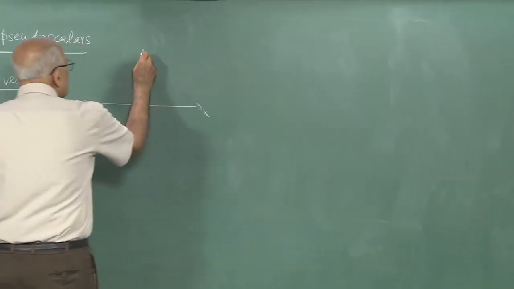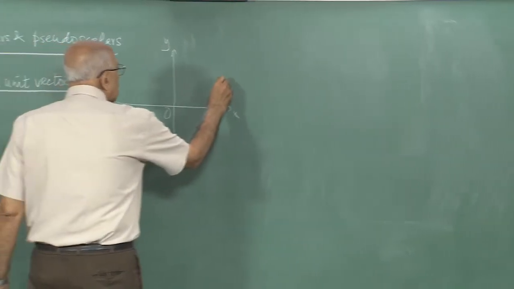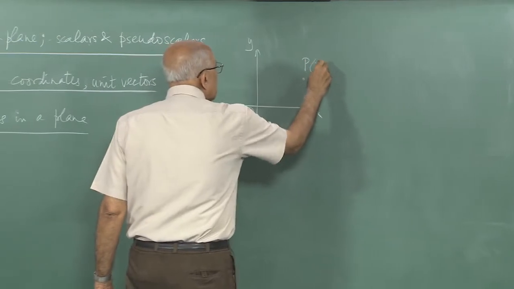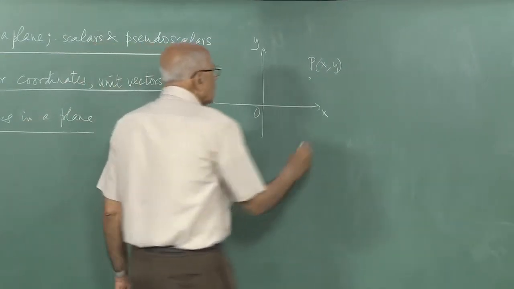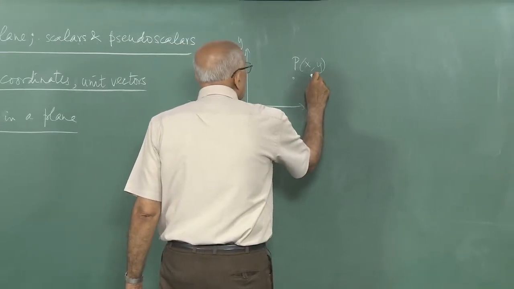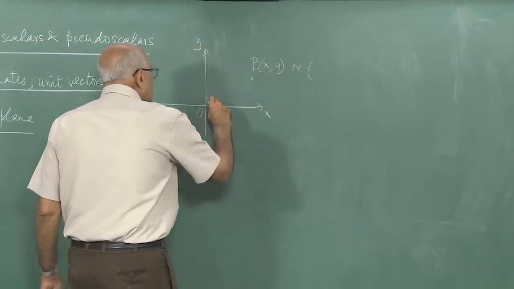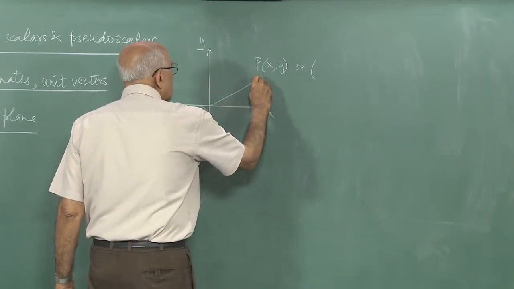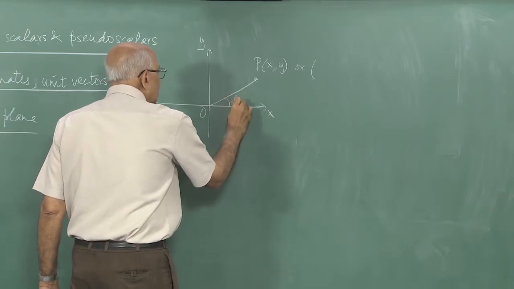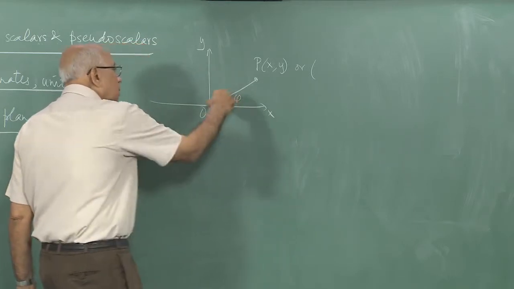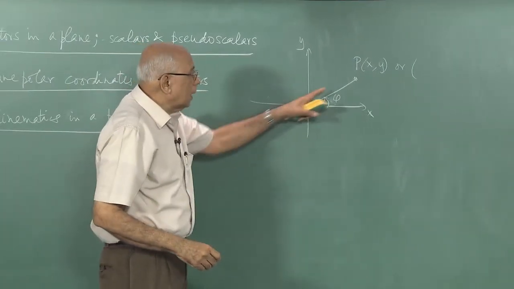Here is the x axis, here is the y axis, that is the origin, and my point was that any point P which has coordinates x and y in Cartesian coordinates could also be regarded as having plane polar coordinates, and I used a symbol r for this distance and an angle phi, the angle from the x axis to the line joining the point to the origin, and this quantity I called r.